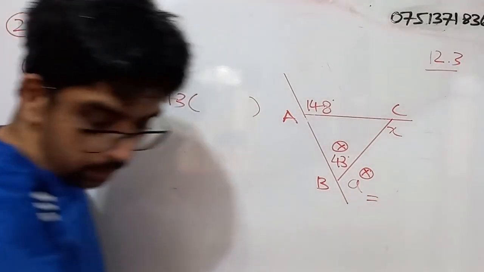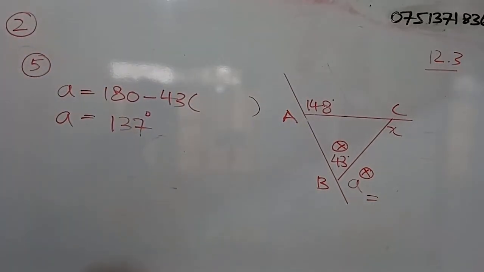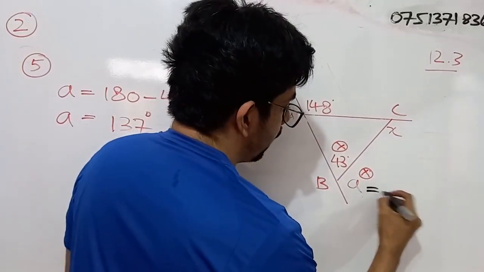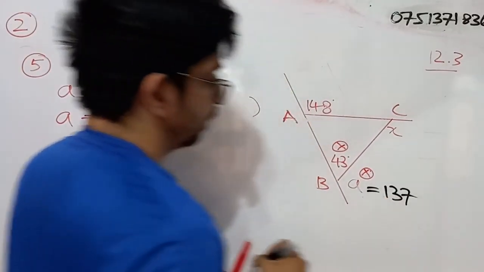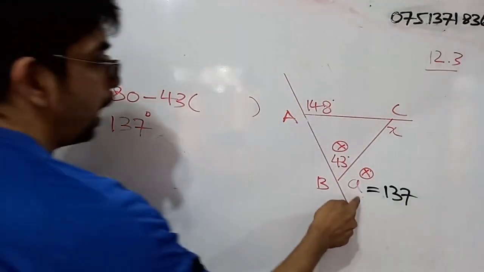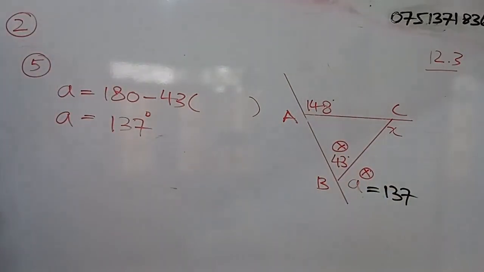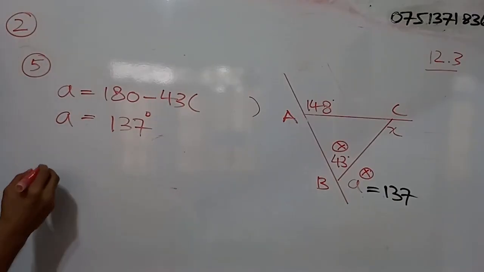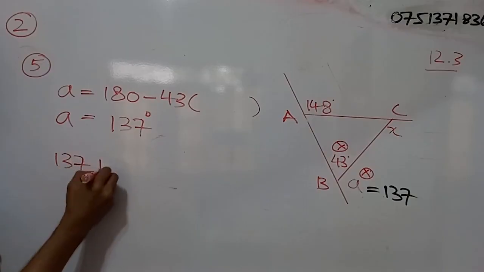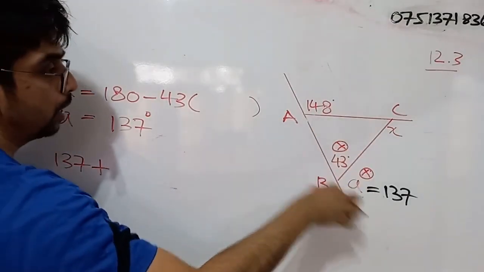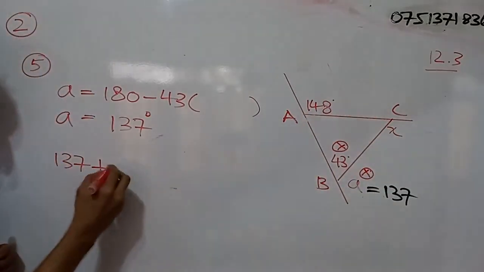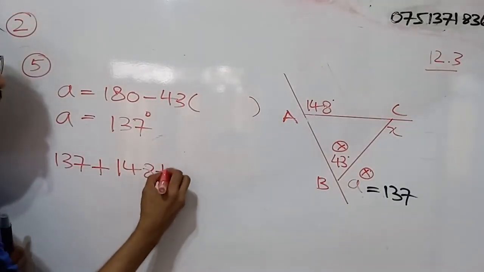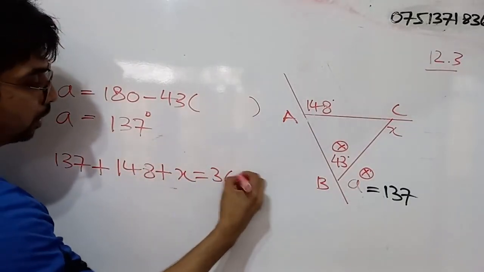So here A is what? 137. Okay. Now A plus X plus 148, what is the sum equal to? 360. Right? So I can write 137 plus, if we go from here clockwise, 137 plus 148 plus X, that is equal to 360.